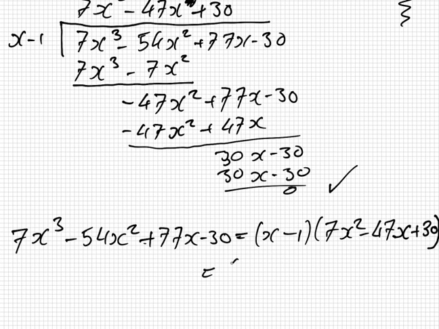Okay, so let's try and find the factors. 7x, x, there, 30. 6 and 5 I think might do it. No, not 6 and 5. 5 times 7 is 35, and 6 is 40, no. 15 and 2? Could it be 15 and 2?